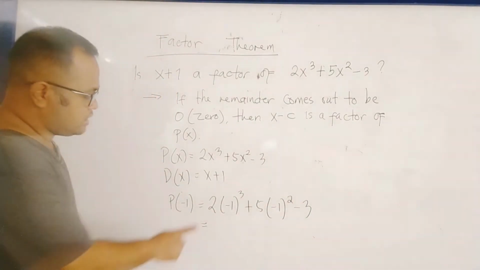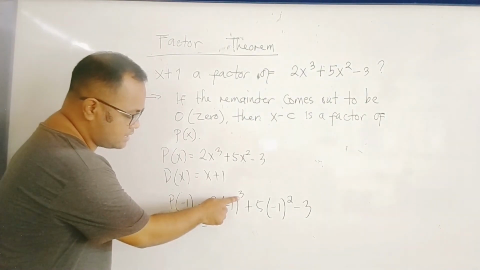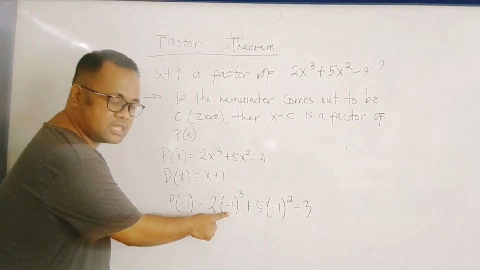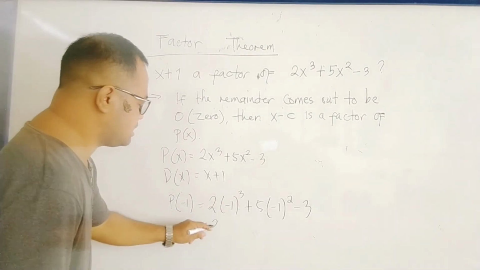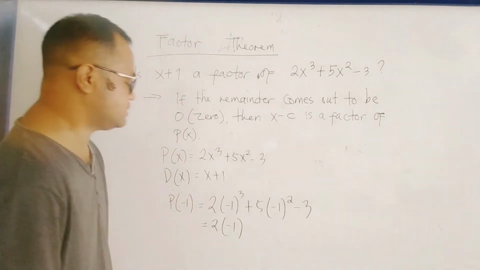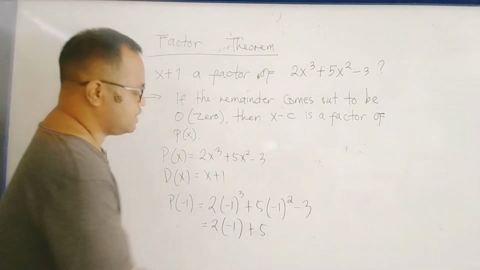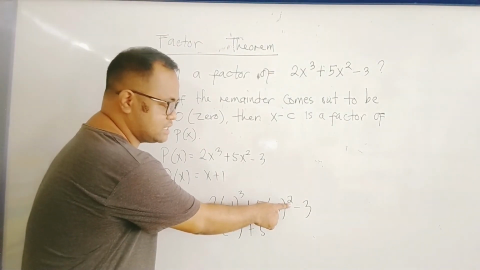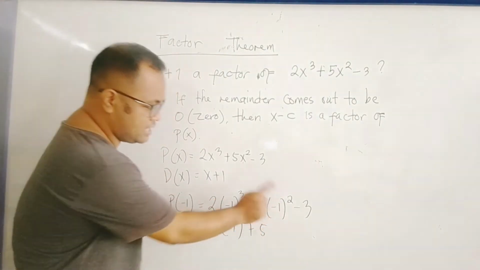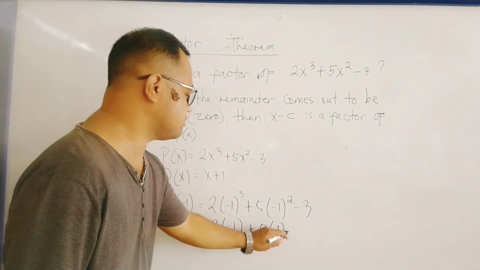So, evaluating this one, the exponent is odd and your base is negative, meaning to say that the resulting product is negative. Okay? Plus 5. Your exponent is even and your base is negative, so the resulting product is positive, minus 3.